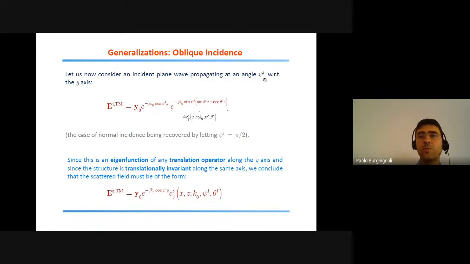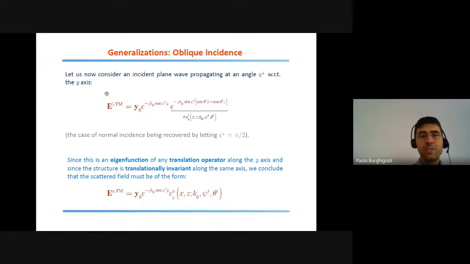So if we now introduce this angle psi incident, which is equal to pi over 2 when the incidence is normal, as we did previously, what you get is that the incident electric field, again for TM polarization, has, in addition to its dependence on x and z, also some dependence on y, which is still an exponential. And in particular, in the exponent, you can see that we have the cosine of this angle psi, which is measured from the edge. So it's equal to pi over 2 when the incidence is normal.